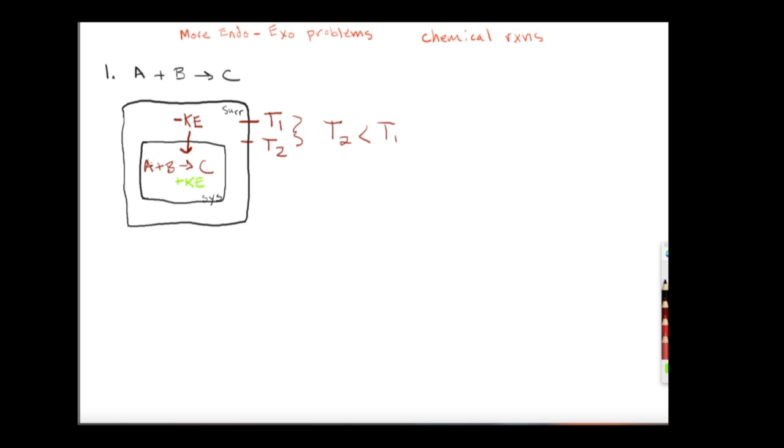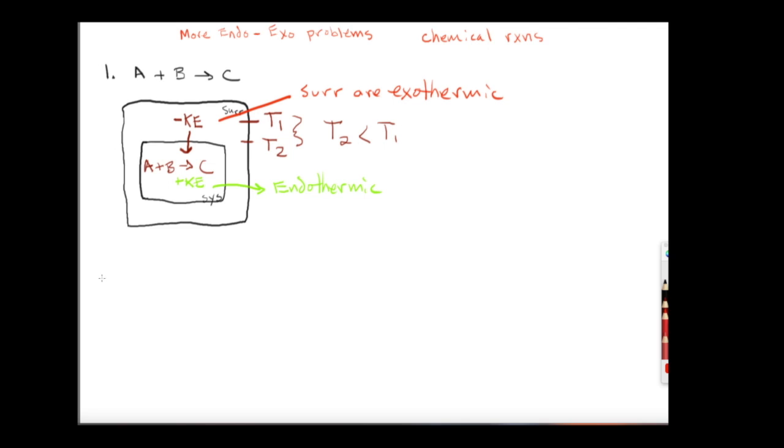That's what's actually driving this reaction to make C. So relative to the system, it is endothermic. And relative to the surroundings, it is exothermic, because they lost energy to the system, which drove this reaction of A plus B.